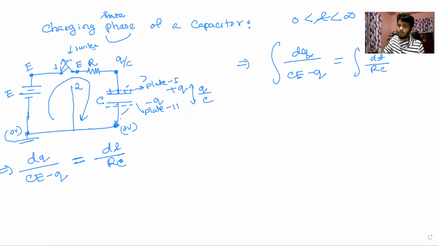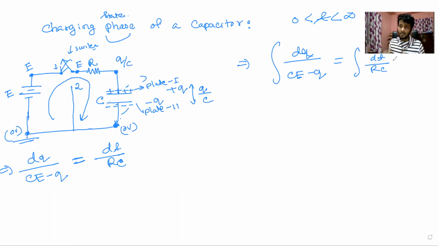And if we look at this term, here R and C are constant values. Only t is variable here, isn't it? So we'll integrate this term with respect to time. And when we integrate, we take some limit, right?